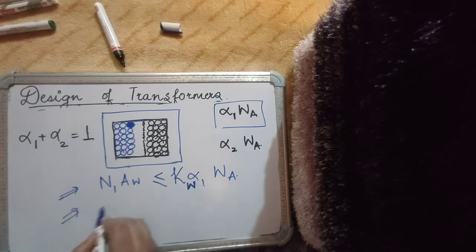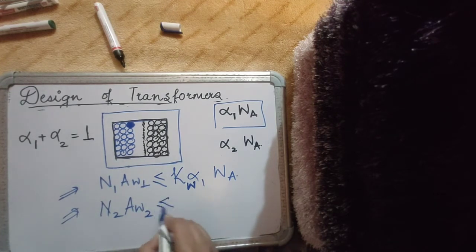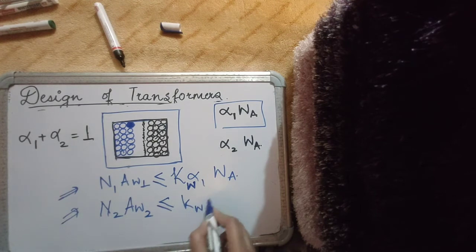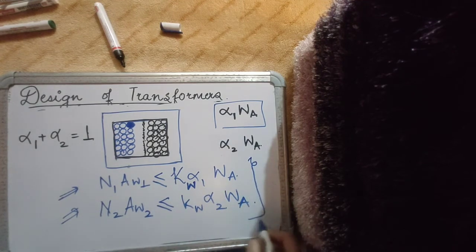And now if you have the other winding with N2 number of turns, which will have area of cross section of the wire, say AW2, if this is AW1, then it should be less than or equal to the area that has been allocated for the second winding. Right? So this is our physical constraint. Earlier it was only on one winding, that was the inductor.